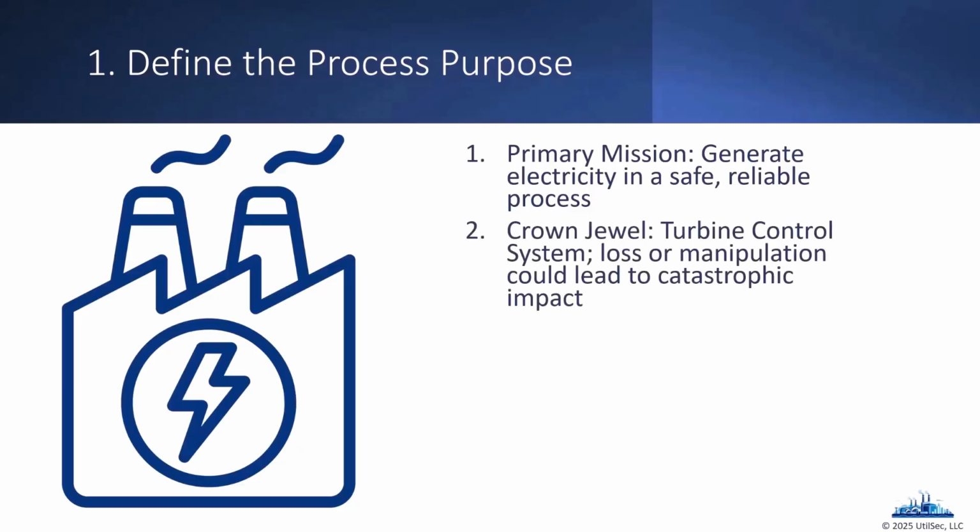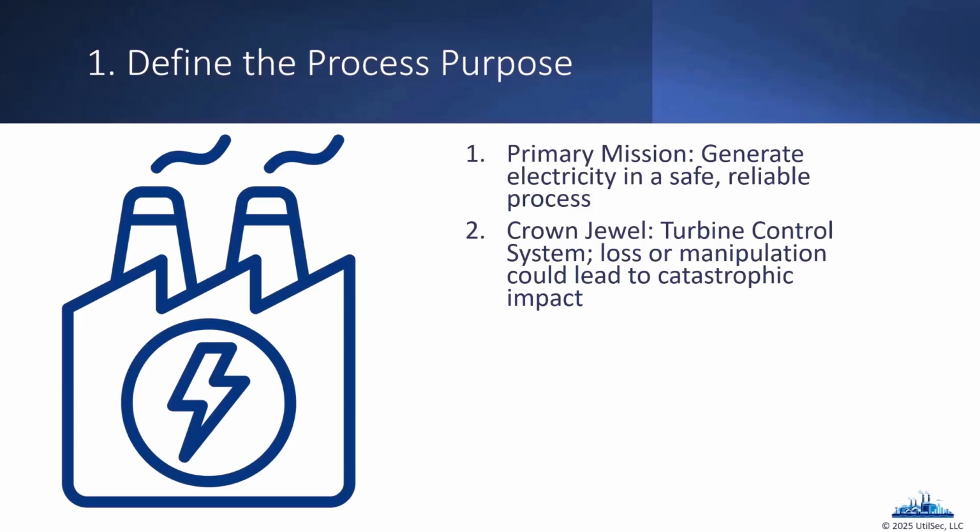Now that's where we come back and say, to be able to generate electricity, what are the main systems that we need, like turbines and generators, to be able to create electricity? So we would say one of those crown jewels is the turbine, or the whole package that allows that turbine to do what it does. So we can say the entire turbine control system.